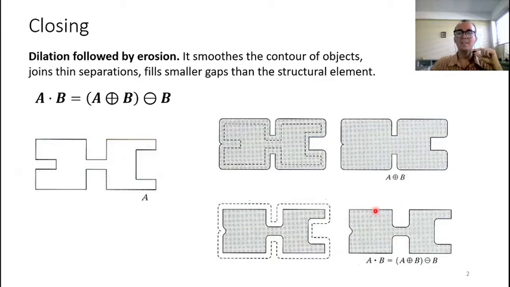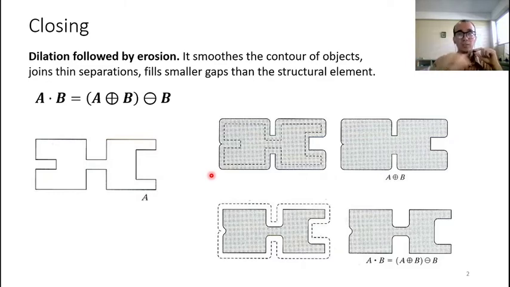Let's analyze the main properties, the main characteristics we can appreciate in this operation. First, we can ensure that this operation smoothes the contour of objects, because of the inherent procedure that takes place using the structural element.